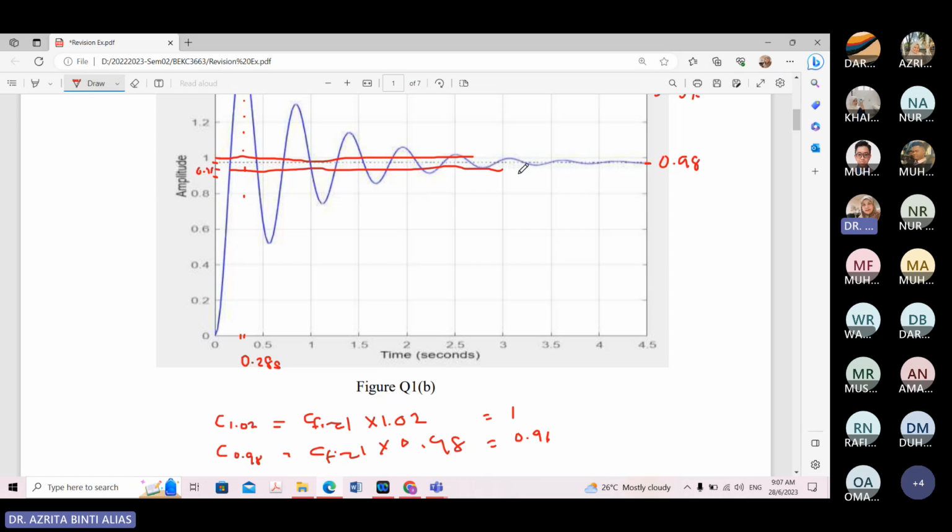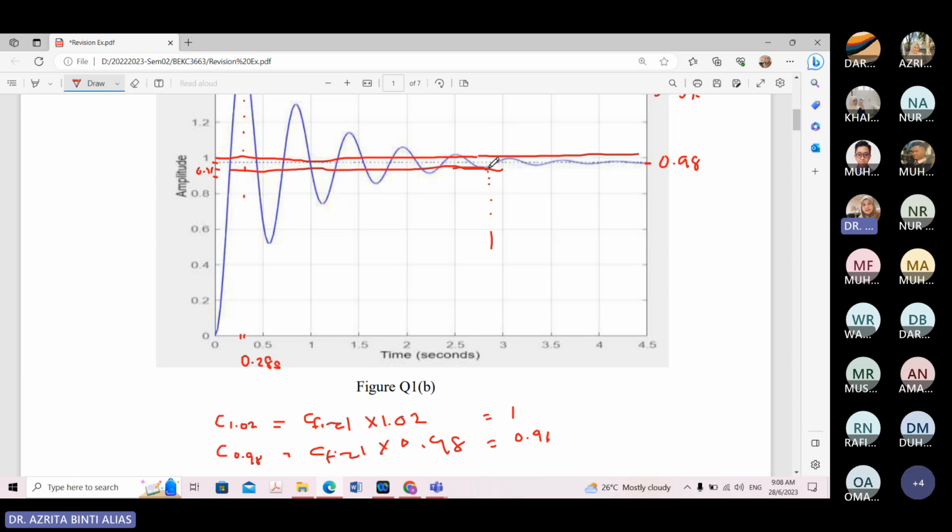Okay, so after that, we observe the signal. The signal must always be in between these two lines. So the first point that crosses the line is our TS.